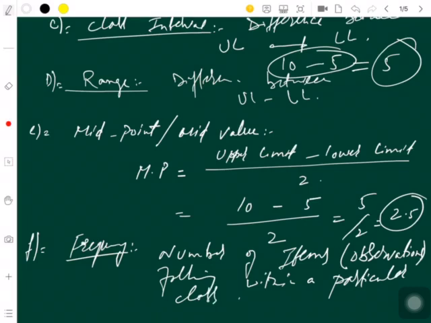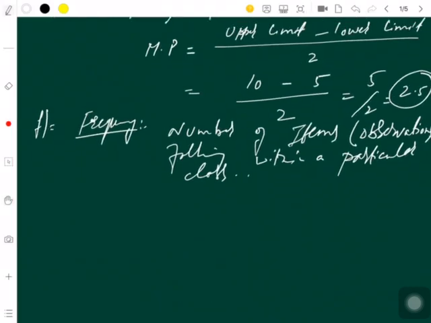Say I have a class of 10 to 20 and its frequency is, let us say, 3. That means there are 3 items or observations falling in this very particular class.